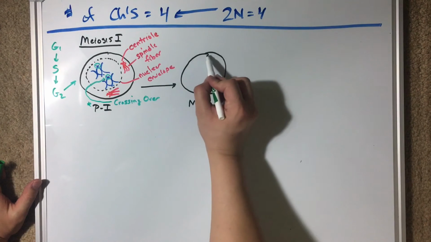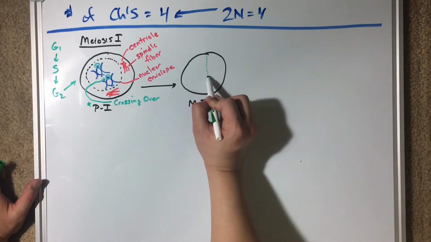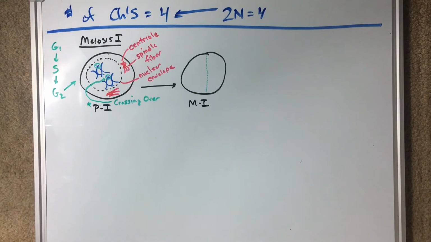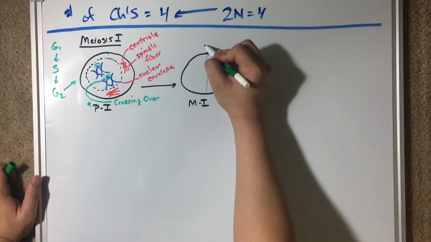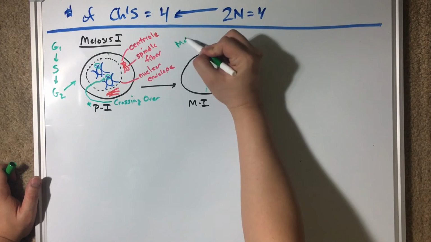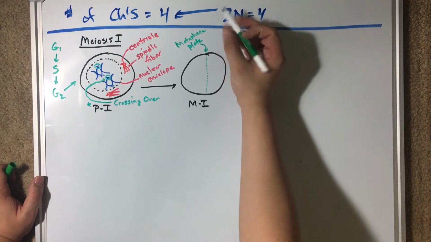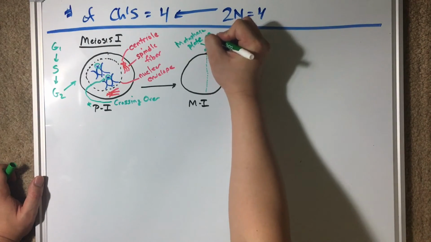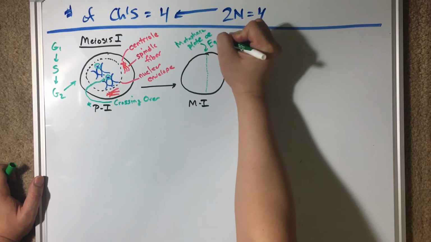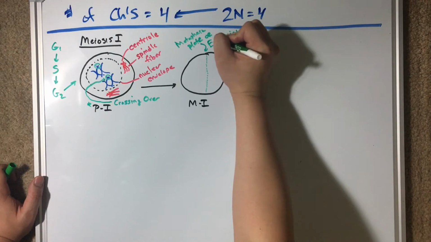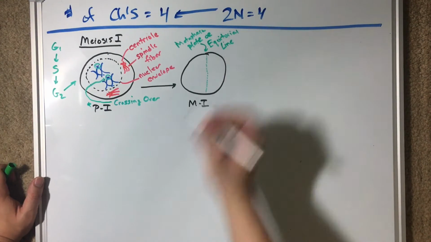Now we have an imaginary line down the middle, right here, and this is called the metaphase plate, or equatorial line.